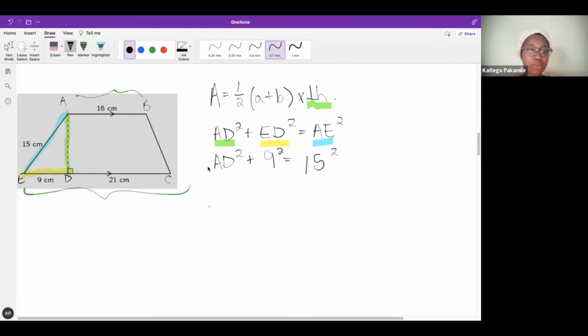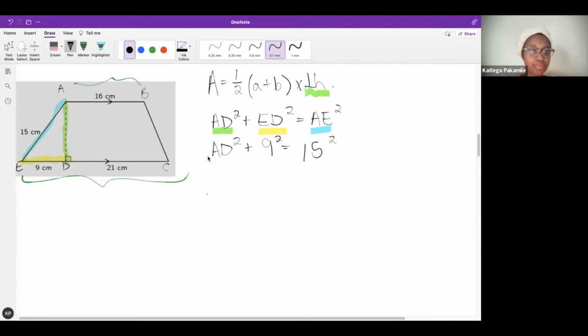I want AD to be on its own. Okay, Tsapang says swap. I'm not sure what you mean by swap. Move it to the other side. Thank you. So then 9 will go over to that side and it becomes, thank you, Ganga has written there for me. So it's AD squared equals 15 squared minus 9 squared. How much is 15 squared?